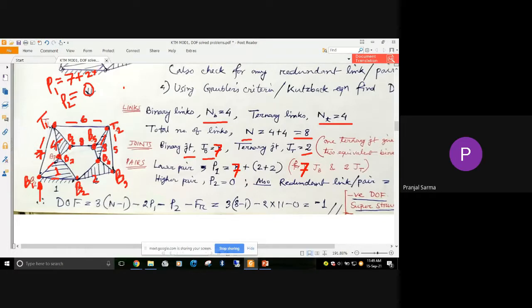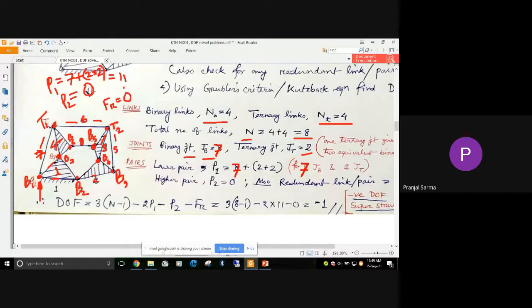One ternary joint is equivalent to two binary joints, and there are two of that kind. So 7 plus 4 equals p1, which is 11, and p2 equals 0. Now p1 and p2 are done, and there is no redundant degree of freedom, so fr is also 0.